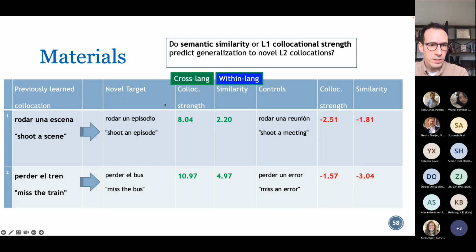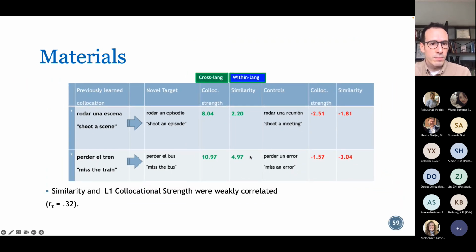So in this case, here you see valid collocations across languages, but we can have control units where shoot a meeting is not related to scene, meeting and scene not being similar semantically, and also this is not a collocation, and so we have negative values for both measures here. All right, and these measures are somewhat correlated, but weakly correlated, so each is contributing something different to our analysis.